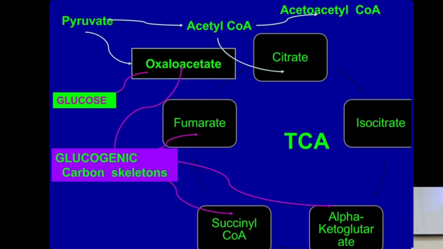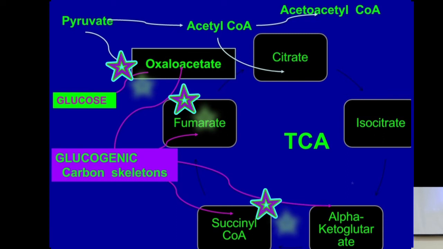What is in the TCA cycle? You see oxaloacetate there? So that makes these, alpha ketoglutarate, succinyl-CoA, fumarate, and oxaloacetate, all glucogenic.